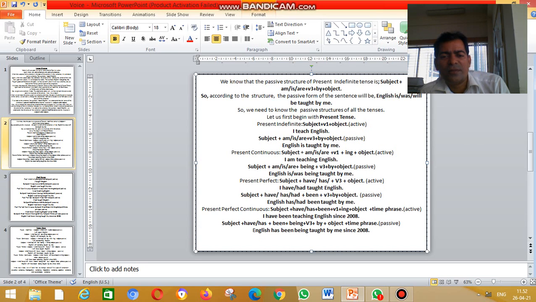Then present continuous tense, we know the active structure of the tense is subject plus am, is, are plus V1 plus ing plus object. Very easy. So according to the structure, the active sentence is, I am teaching English. Again, let's see the passive structure of the tense: subject plus am, is, are plus being plus V3 plus by plus object.